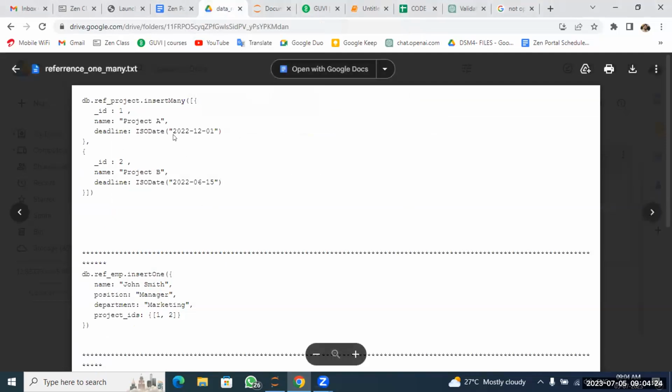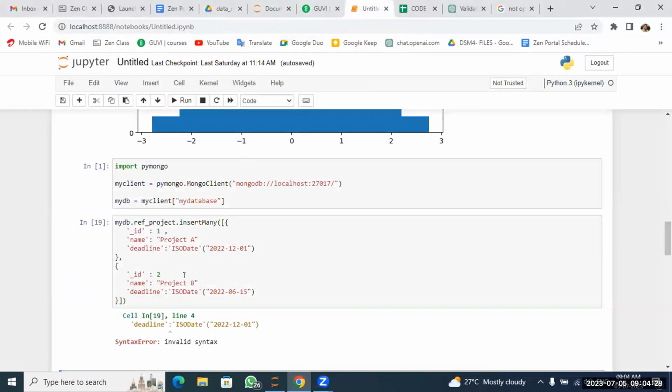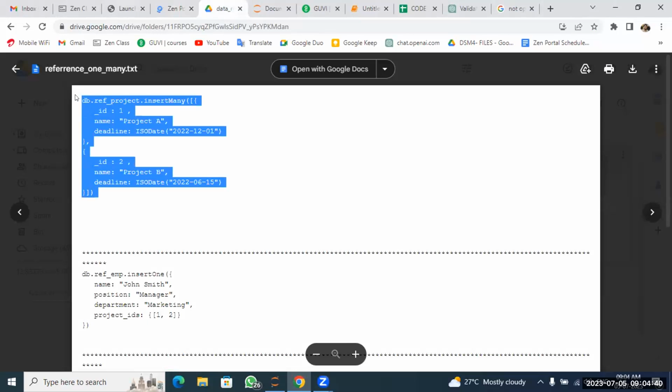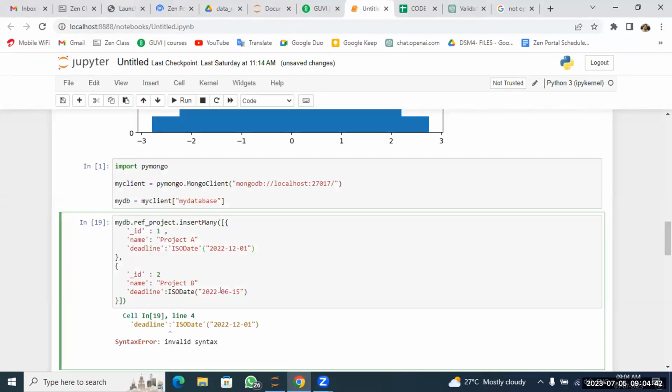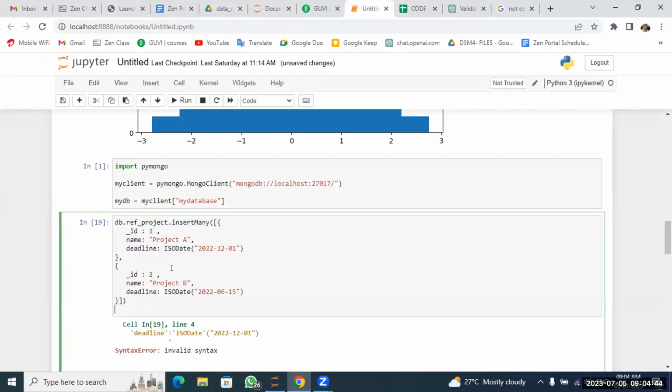See, ISO date you have given some quotation, but here it is not there, right? I've tried it without that also. Look, you copy the whole thing from there. Don't give anything, just copy it totally from there. Okay, sure. Copy and let me replace it here.